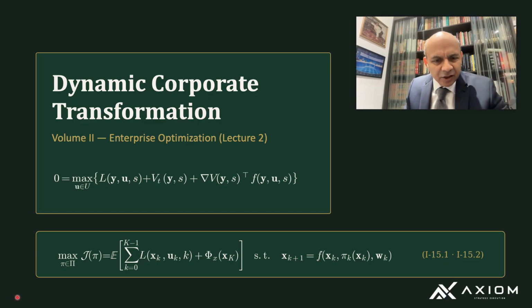And you can see the expectation operator here as well. So the GEOP basically is choosing pi star that maximizes expected cumulative enterprise value plus the terminal value over here, subject to the enterprise's dynamic state transition law represented over here.